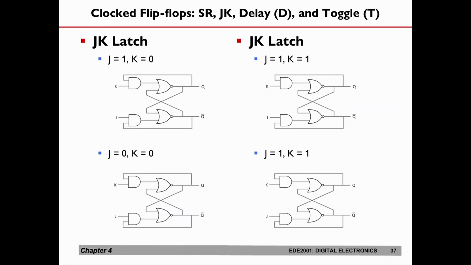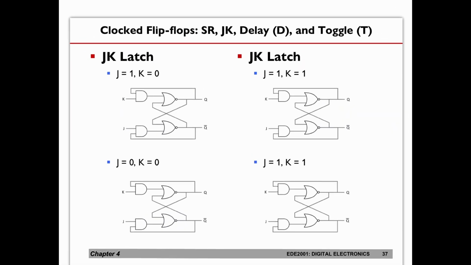In the next slide, this whole slide is talking about how a JK latch works. We are going to start off by putting in some initial conditions. Say that initially Q equals 0 and Q bar equals 1. At this moment, my J changes to a 1.